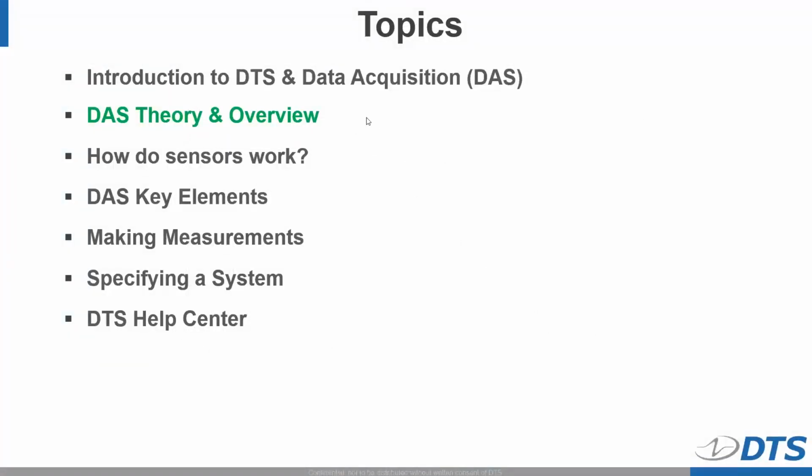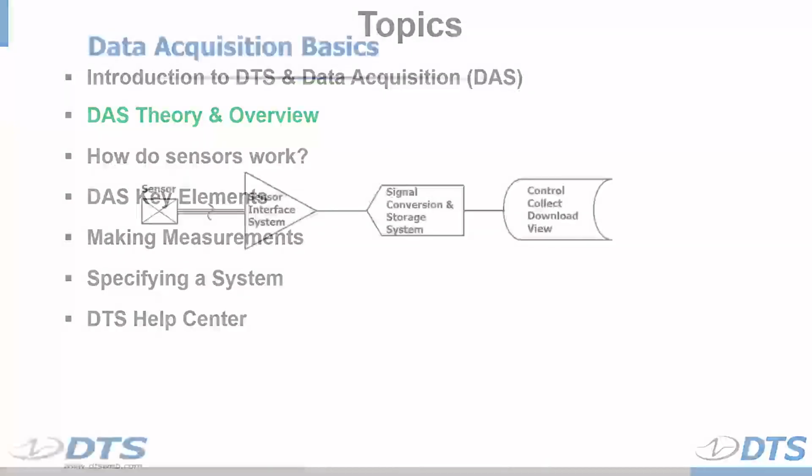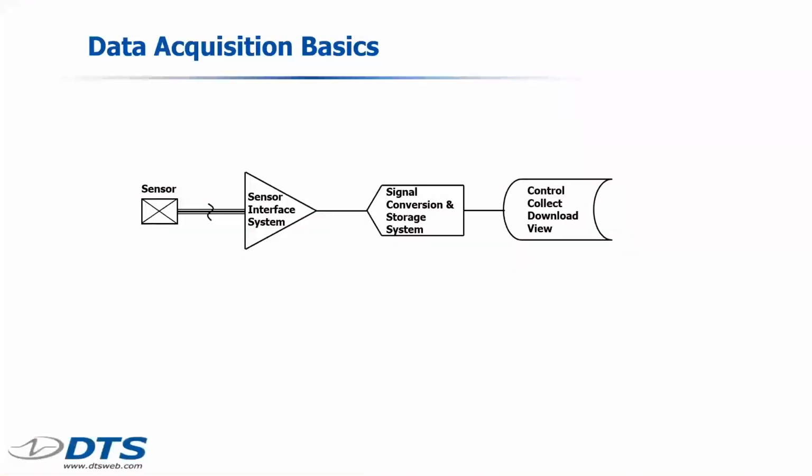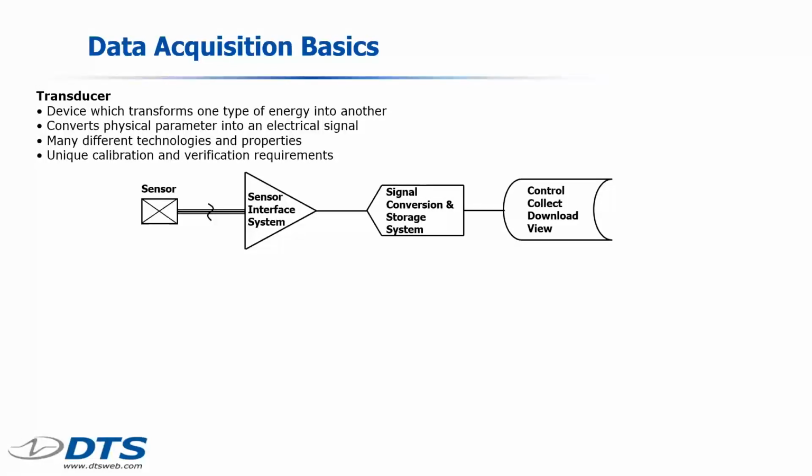So let's talk a little bit about DAS theory and an overview of what a DAS system is. You can represent any data acquisition system very simply, as I've shown here, with only 4 blocks. This applies to all data acquisition, not just DTS products, but anybody who's making measurements needs to start with transducers. And the transducers are devices which transform one type of energy into another.